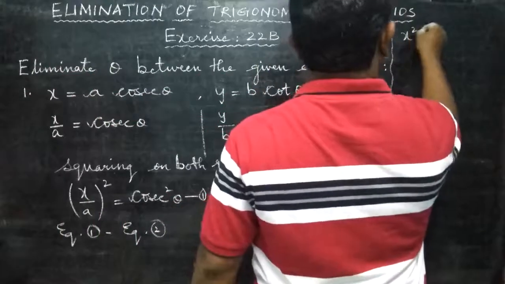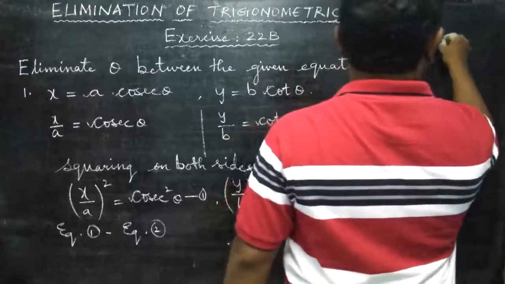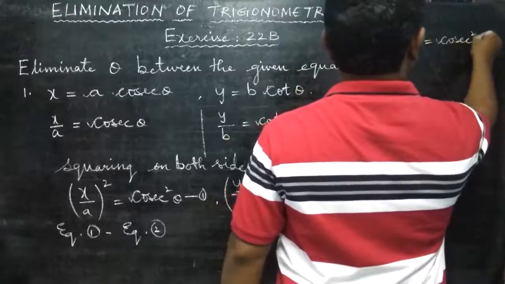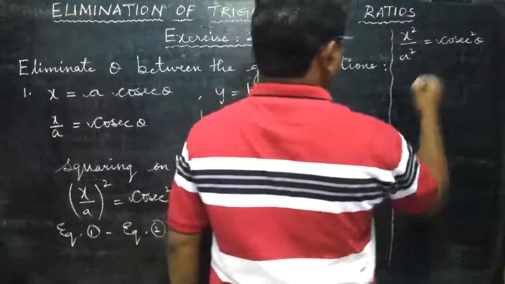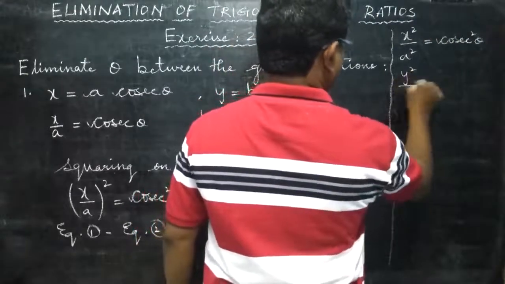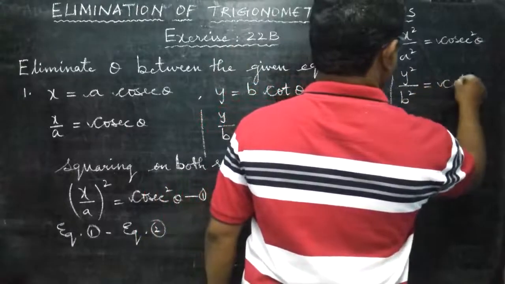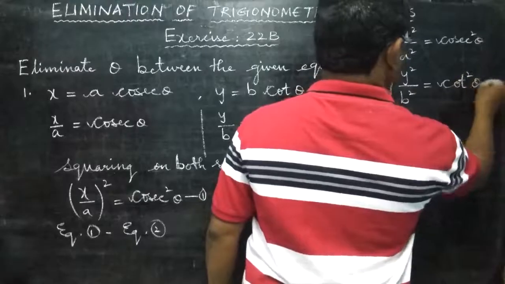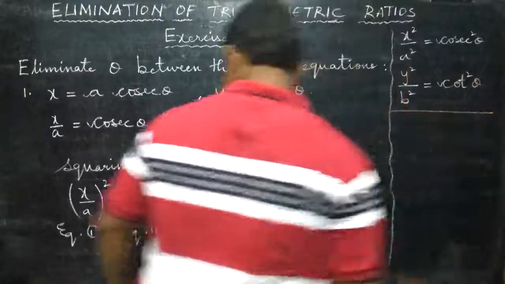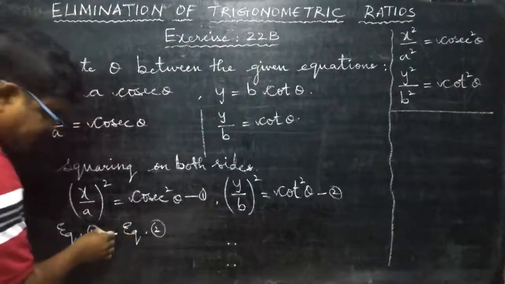x square by a square is equal to cosecant square theta. Are you able to follow? This is equation number 1. What is equation 2? y square by b square is equal to cot square theta. Now we are subtracting, equation 1 minus equation 2.